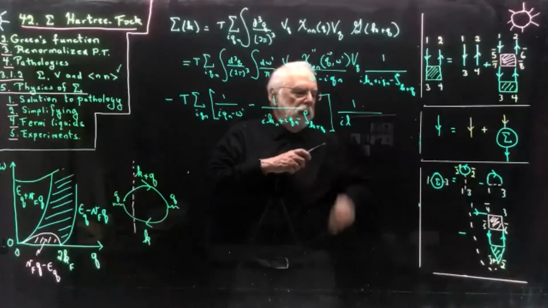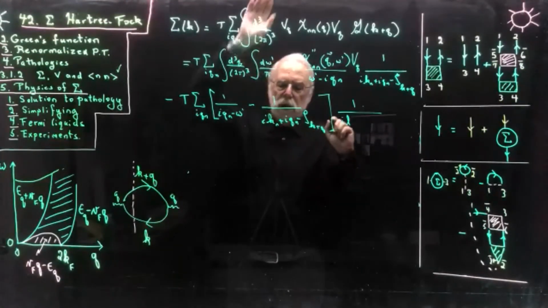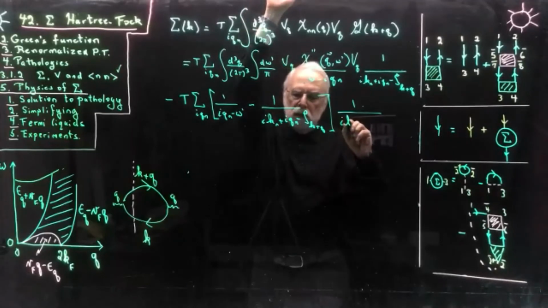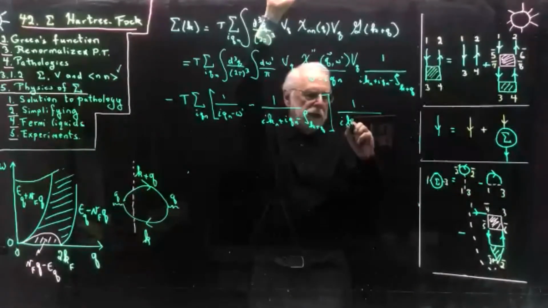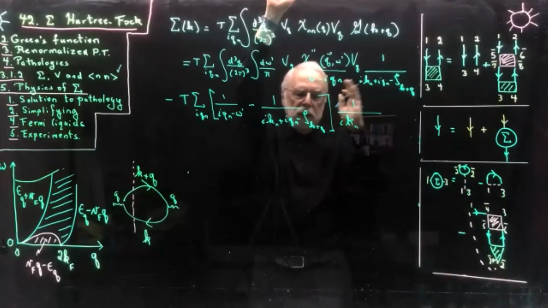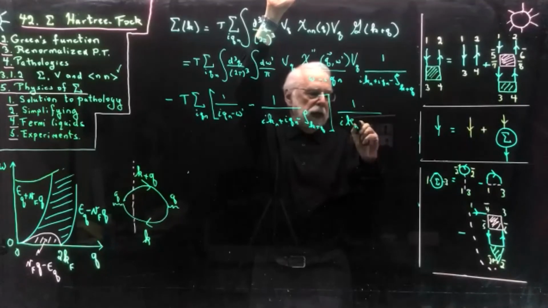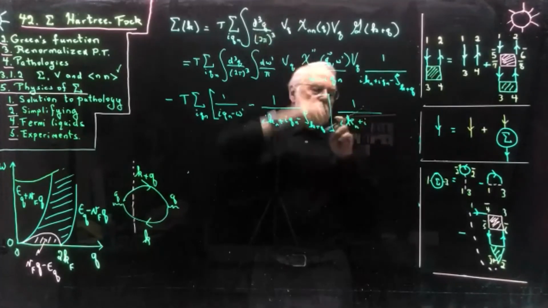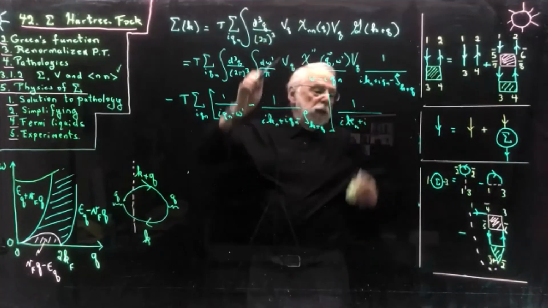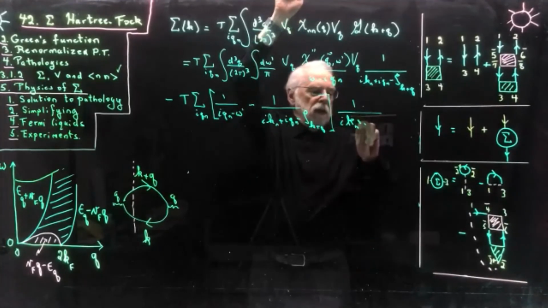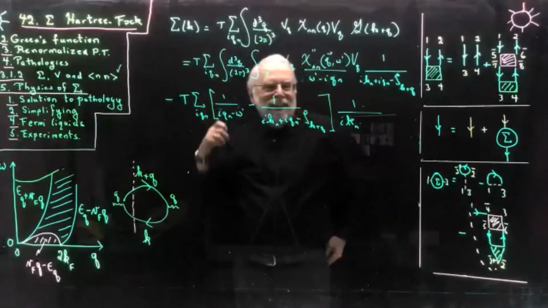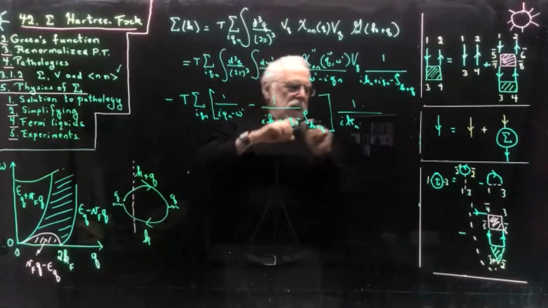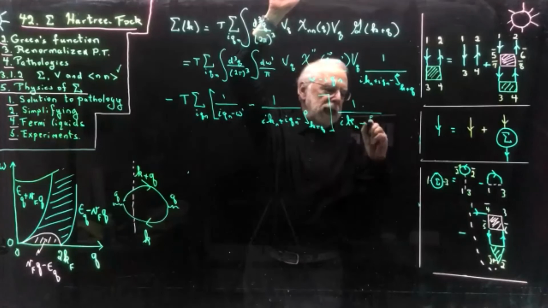So here I have ikn plus, minus zeta of k plus q. Okay, the iqn drops out. So I want to do the sum over iqn. So that's fine. So minus zeta of k plus q.